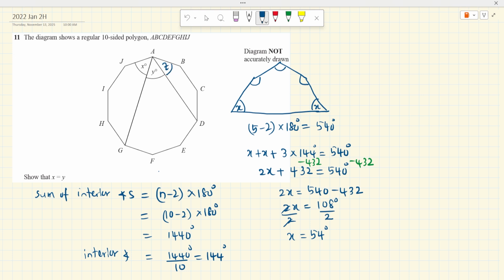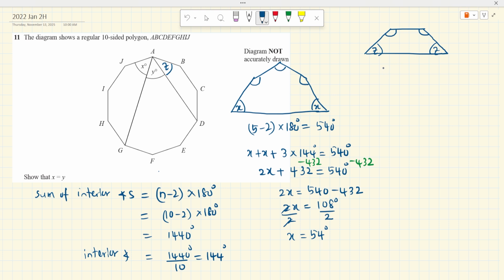I'm going to find this Z. To find Z, I'm going to take this quadrilateral ABCD. So these two are interior angles. This is Z. If you consider symmetry, this is also Z. So you know, in a quadrilateral, interior angles add up to 360.